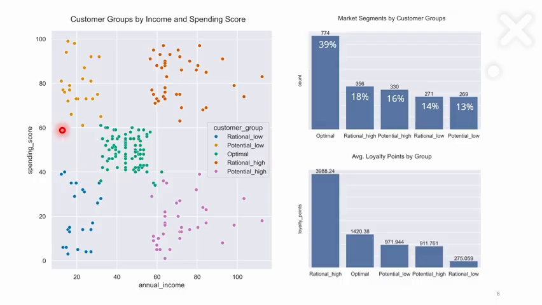The potential low group represents 13% of customers and low number of points. Thus, their shopping enthusiasm could be maintained through points for engagement with Turtle Games, for example, for leaving a review or filling out a survey. Potential high group has high income but doesn't spend as much.